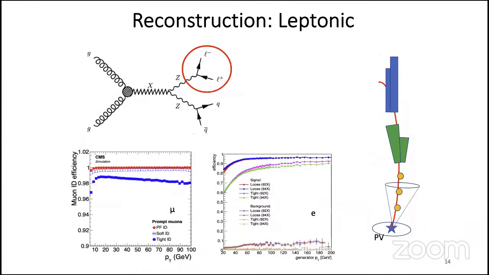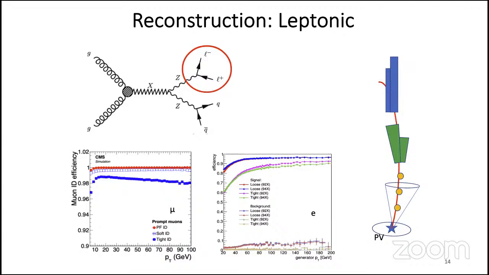So once we have these objects like physical particles, we look at the reconstruction of the leptonic part of the decay. We observe that the W is decaying to leptons. This could be muons or electrons, and as you can see, for both we have very good efficiency from low PT to very high PT.